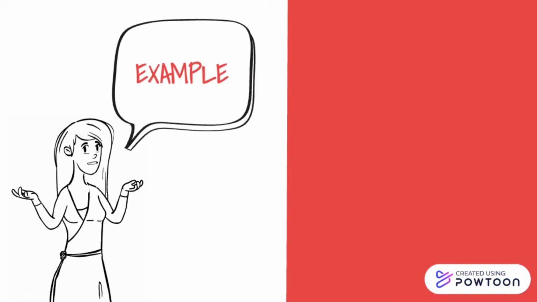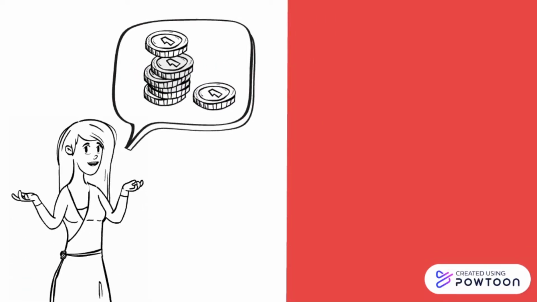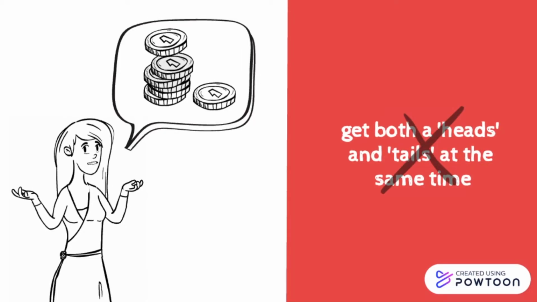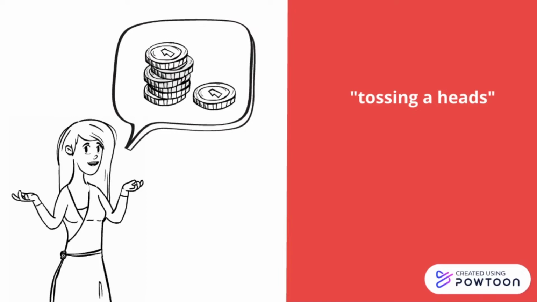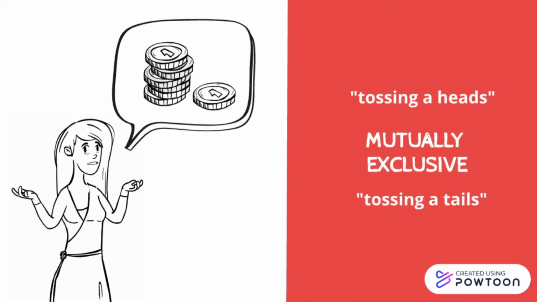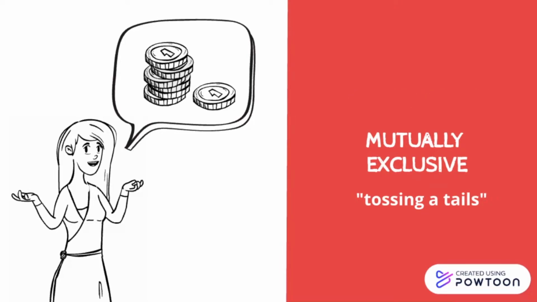For example, in tossing a coin, you cannot get both heads and tails at the same time. Tossing a heads and tossing a tails are mutually exclusive, because when tossing a heads occurs, tossing a tails cannot occur at the same time, and that's mutually exclusive.